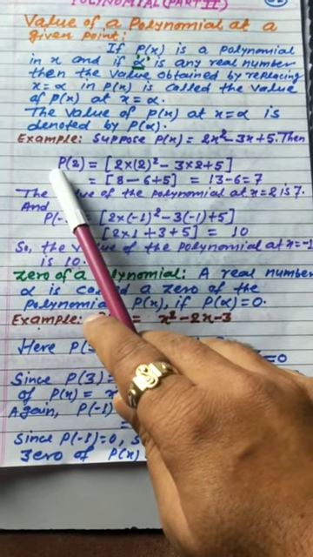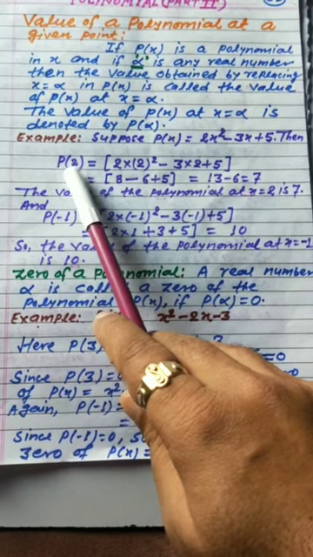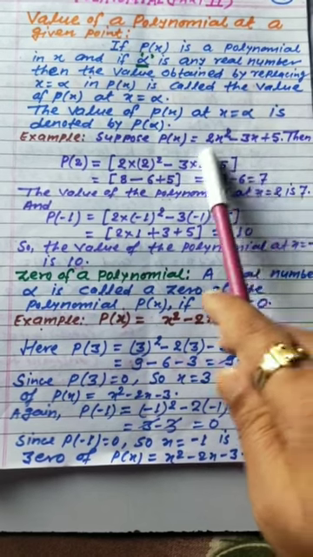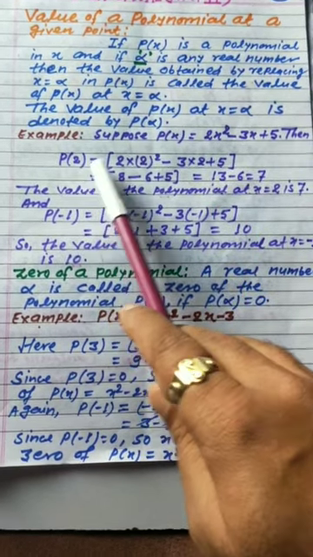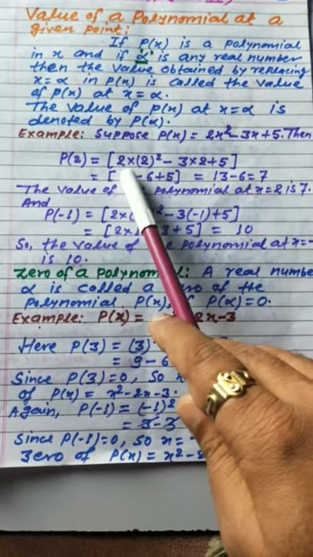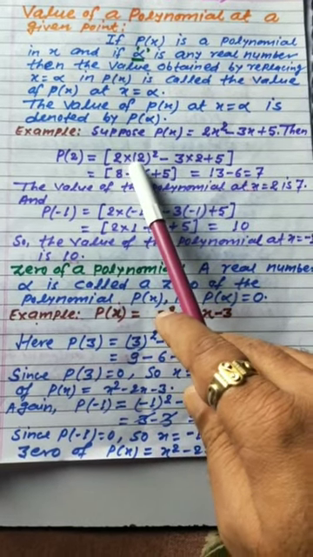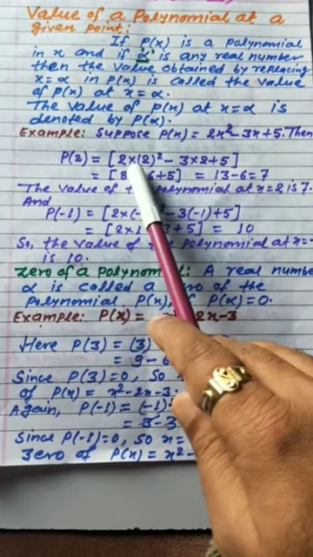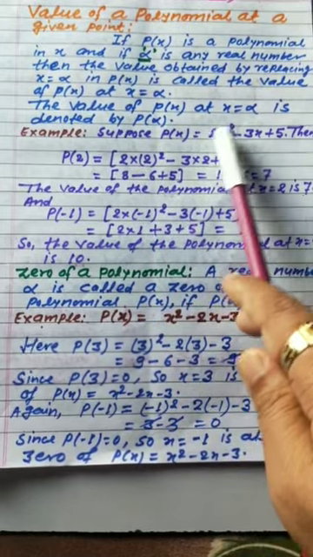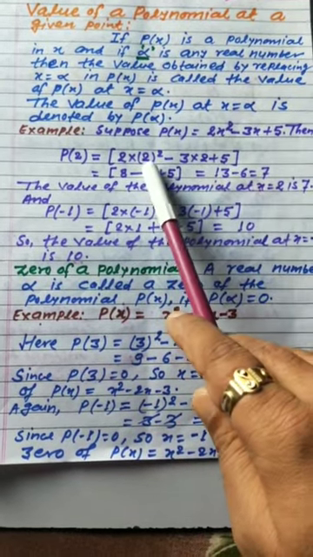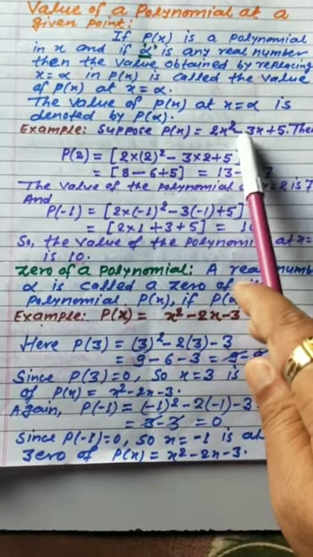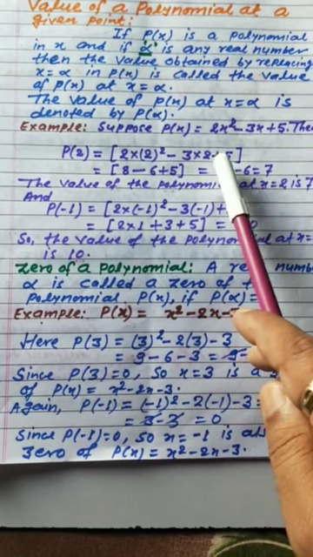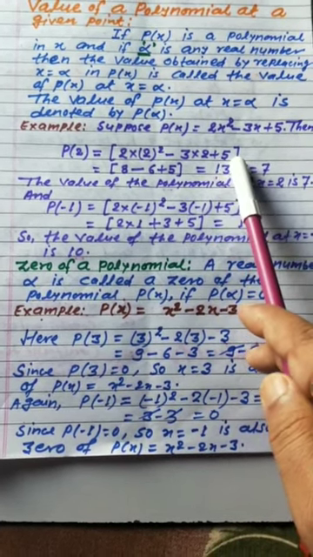The value of the polynomial at x is equal to 2 will be: 2x square becomes 2 multiplied by 2 square, minus 3 multiplied by 2, plus 5.